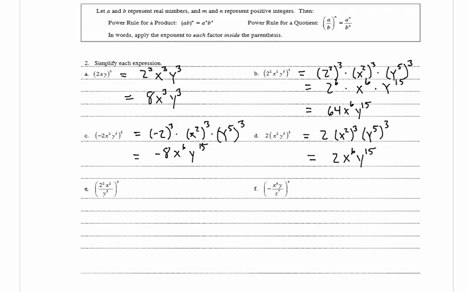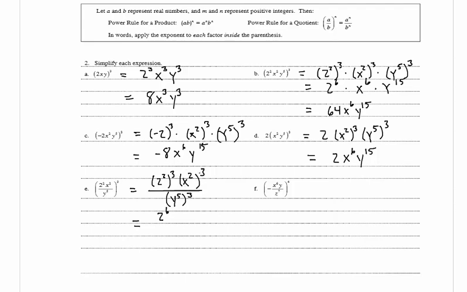In E, we have 2 squared times x squared divided by y to the fifth, all cubed, and we could rewrite this as 2 squared cubed times x squared cubed divided by y to the fifth cubed, and this is equal to 2 squared to the third power is going to be 2 to the sixth power.